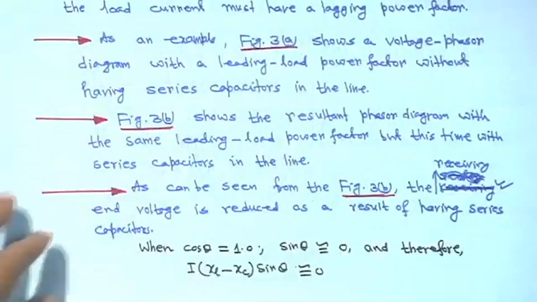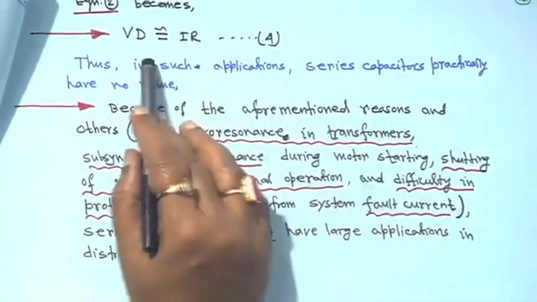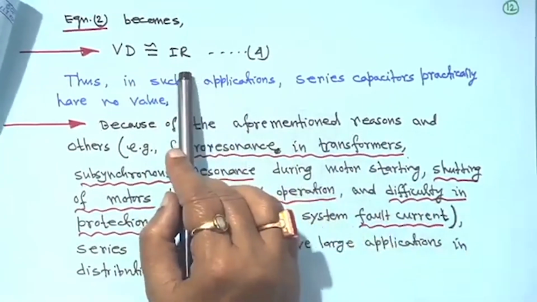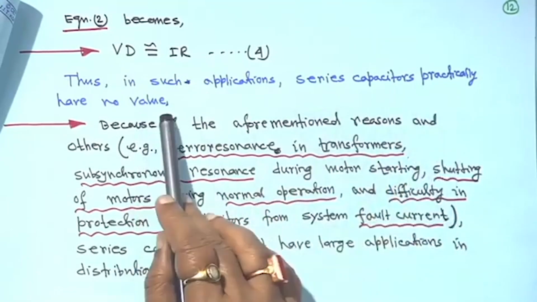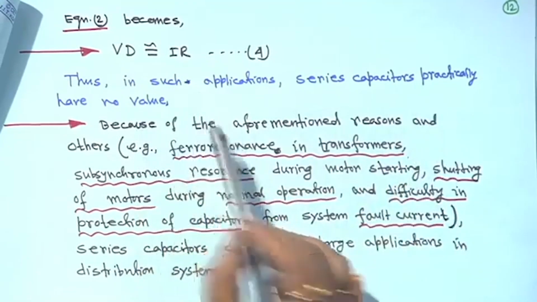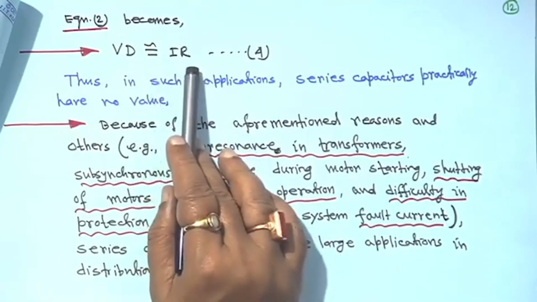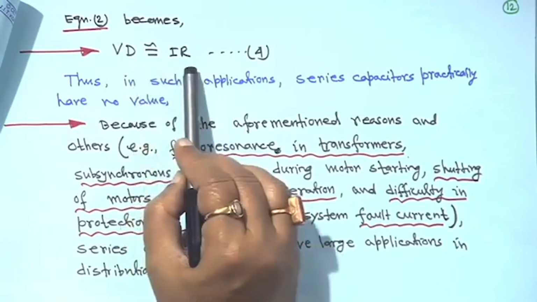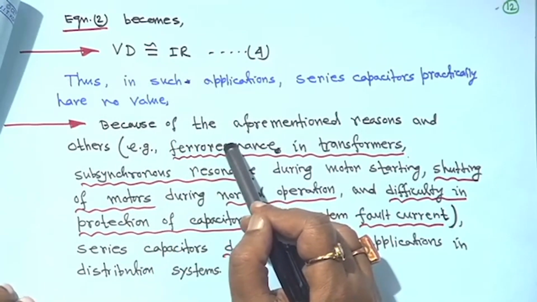So, your voltage drop Vd will be simply I into R, because the second term has vanished. Thus, in such applications series capacitors practically have no value, because in the unity power factor case the voltage drop is simply IR. So, the series capacitor has no value.